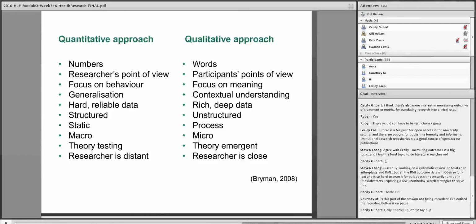In quantitative research, the researcher takes an objective position, whereas qualitative research looks subjectively at the participants' points of view. So we talk about the ability to generalize from quantitative information, but we want to understand context in the qualitative environment. Quite different aspects that you need to consider.